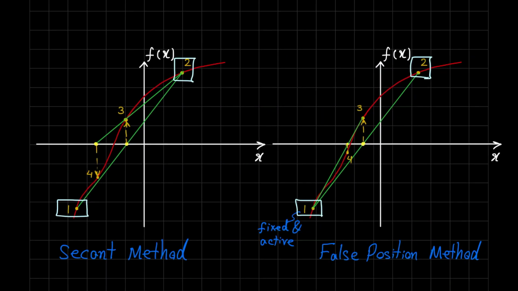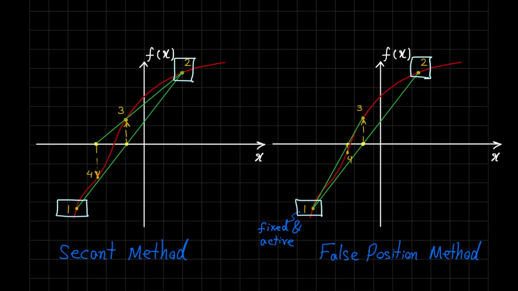Okay, let's compare the secant method with the false position method through this illustration. On the left, I'm going to show you the secant method through illustration. Let's assume we are looking at the root between point 1 and point 2 in the interval.